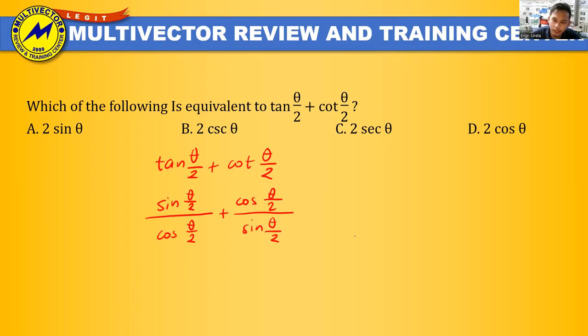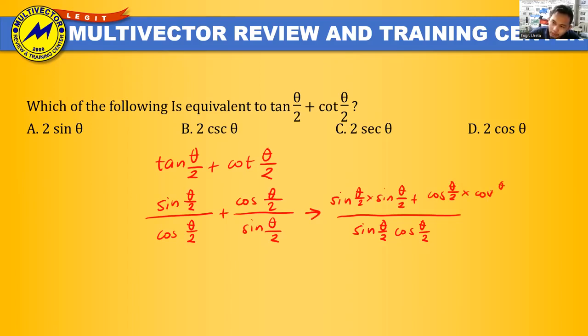Okay, so dito, common denominator. Sine theta cosine theta. Sa taas naman, okay, so magiging sine theta times sine theta, plus cosine theta times cosine theta. Okay, so ito lang yan ha, LCD lang. So dito, sine theta times sine theta, so magiging sine squared theta lang yan.